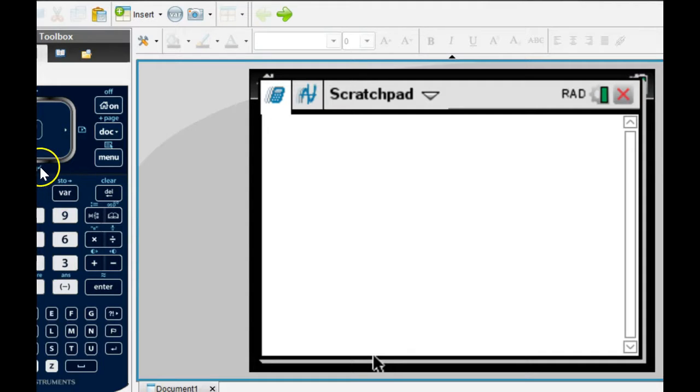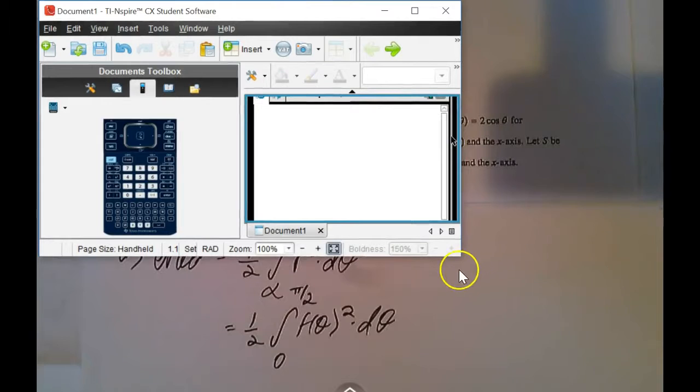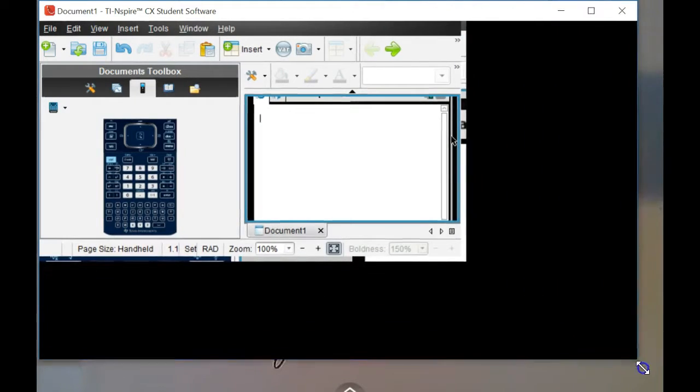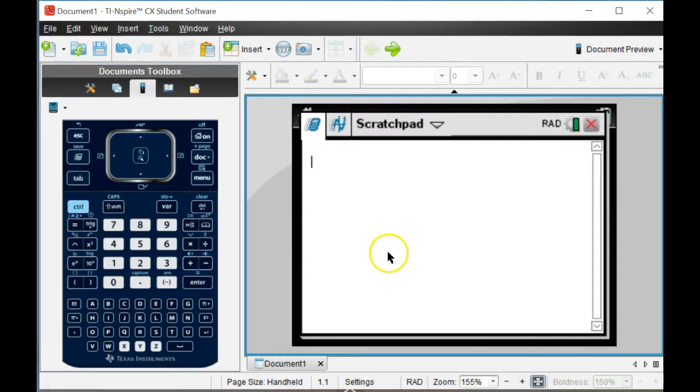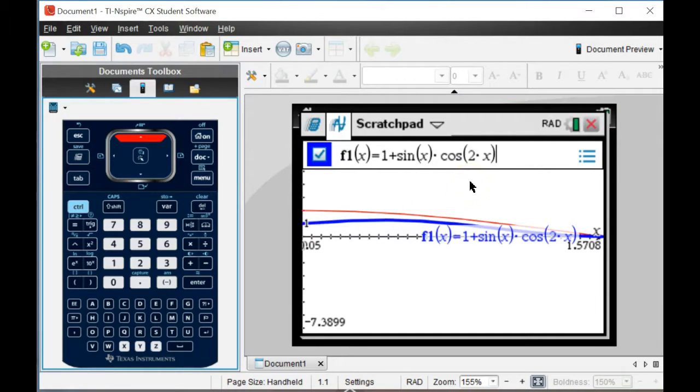Okay, so I already went into my graph, and I graphed for f1, 1 plus sine of x times cosine of 2x. That's f of theta. For f2, 2 cosine of x, that is g of theta.